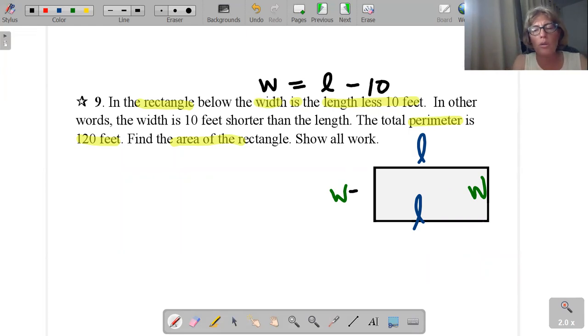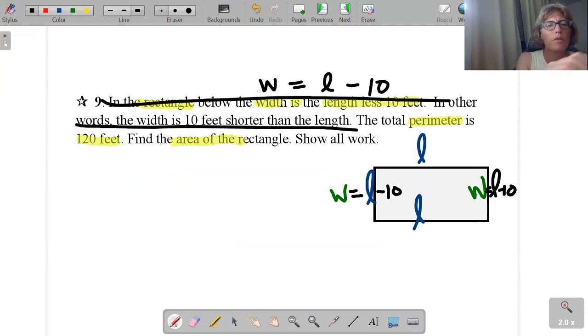So your equation here is W equals L minus 10. We took care of that. The total perimeter, if you walk it around, is 120 feet. We're trying to find the area.